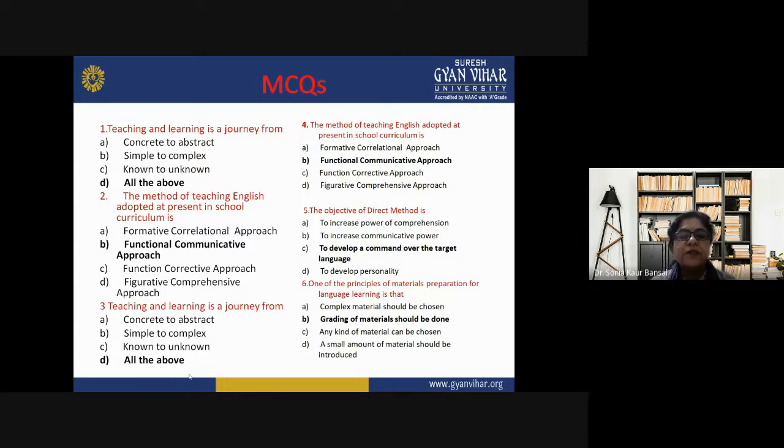One of the principles of materials preparation for language learning is that complex materials should be chosen, grading of materials should be done, any kind of materials can be chosen, or a small amount of material should be introduced. So the correct answer is grading of materials should be done.